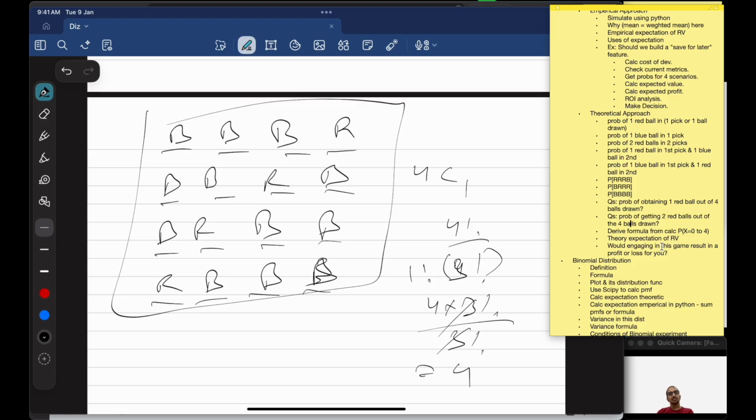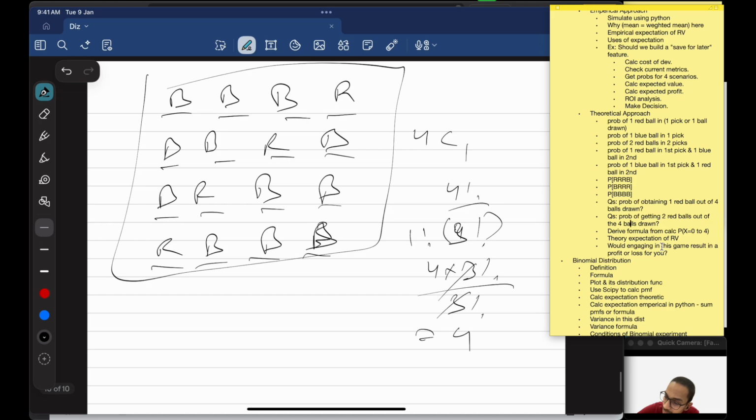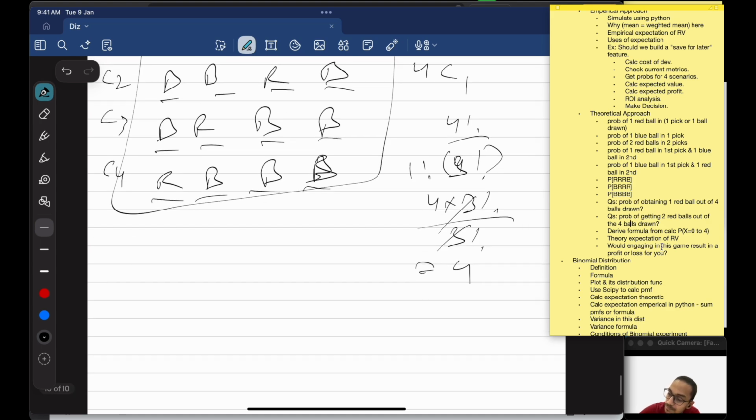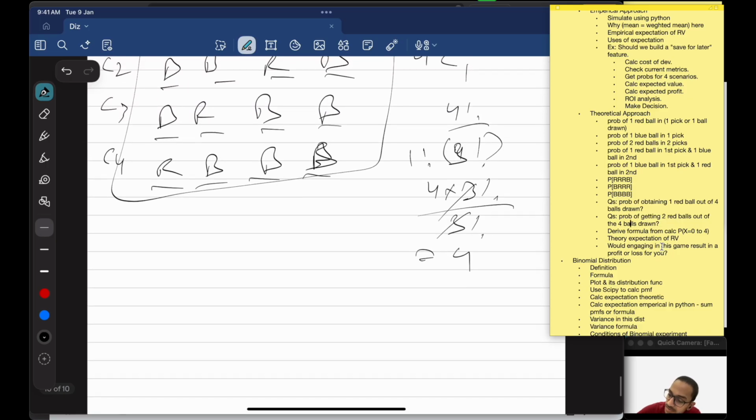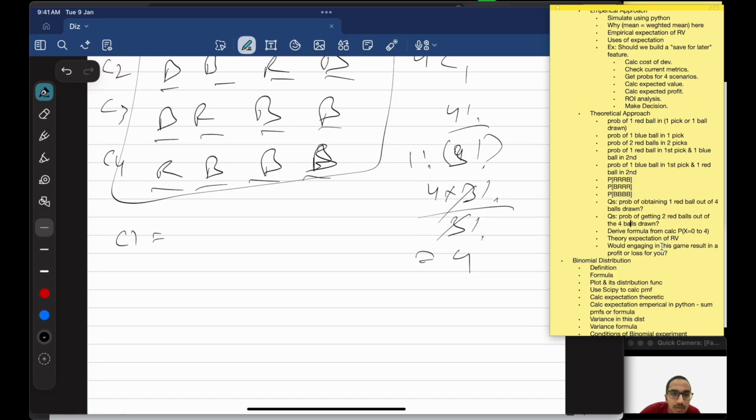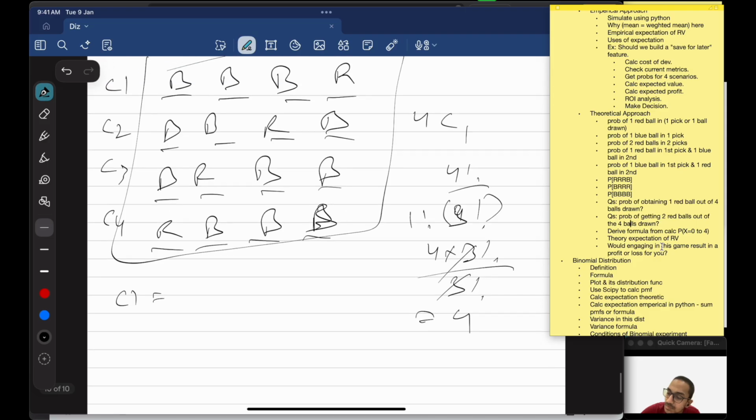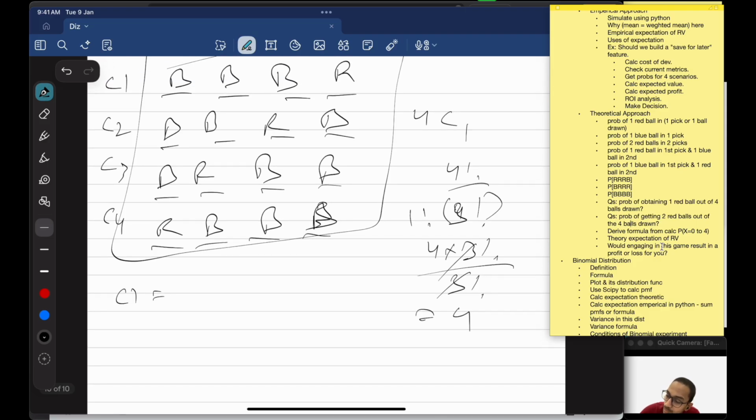So now we have to compute the probability for each of these scenarios. So let's call them case 1, case 2, case 3, case 4. In case 1, we will have blue balls, probability of blue is 2 by 5 times 2 by 5 times 2 by 5 times 3 by 5, right?